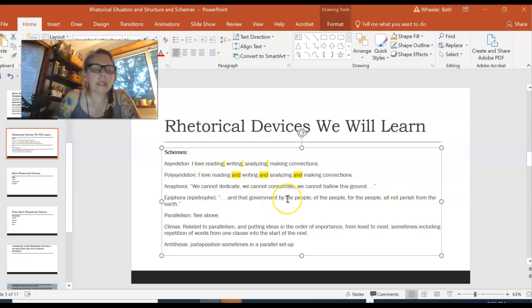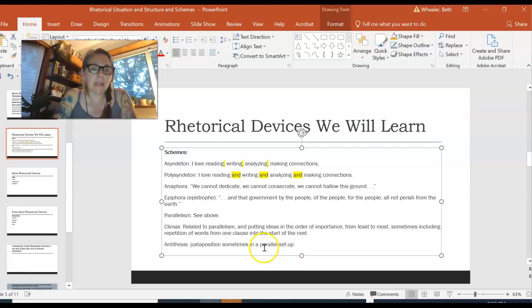And one more, because I can't go through every scheme because there's, again, hundreds and hundreds of them. Antithesis, you've probably heard of this word. Sometimes you'll hear it pronounced differently, which isn't really how it's spoken, but antithesis is putting two ideas together to show the difference, which is what a juxtaposition is, a comparison of two things that are different.